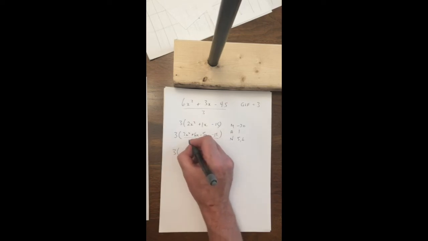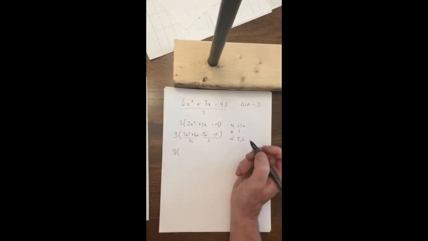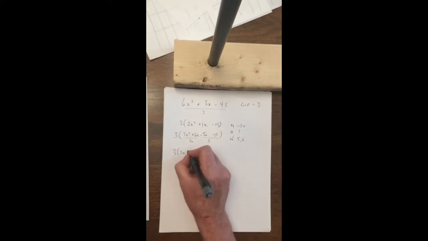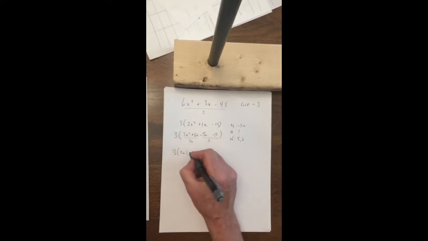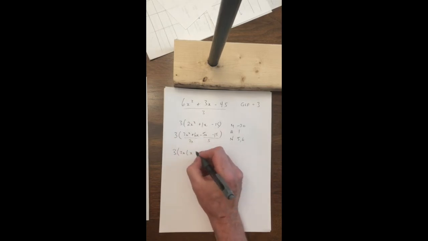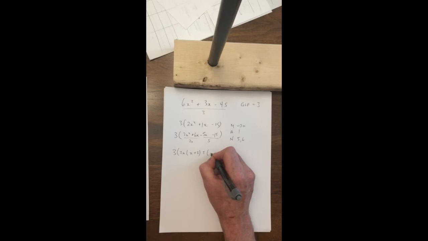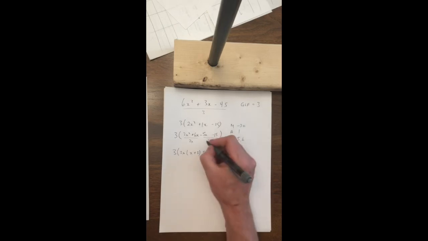Out of my first group, I can pull a 2x. Out of my second group, I can pull a 5 as greatest common factors. So 2x squared divided by 2x is just an x. 6x squared divided by 2x is 3. Negative 5x squared divided by 5 is negative x. I don't want negative x, I want a positive x.